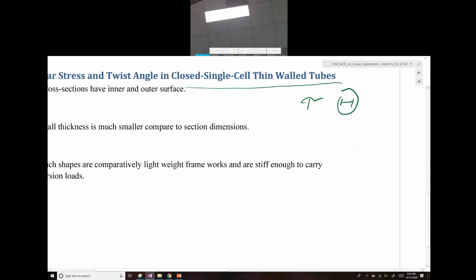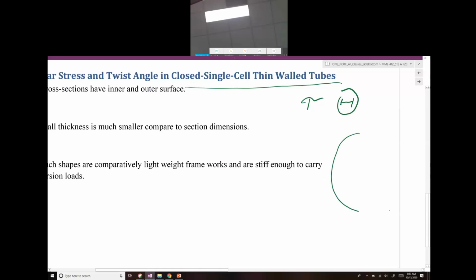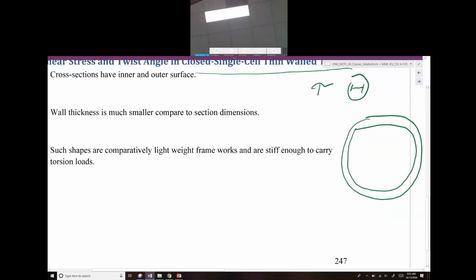So what this means is if you have a section that has a very large radius, or it doesn't have to necessarily be circular, but the thickness of the section is much smaller than the radius or the diameter of the section.